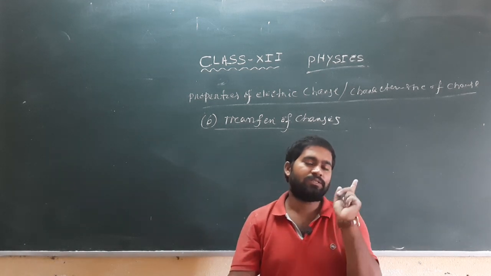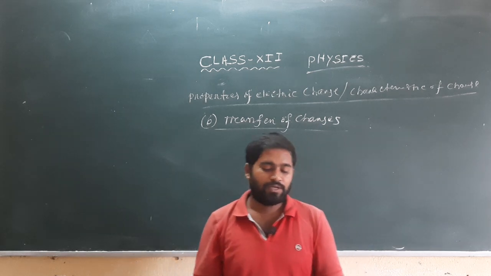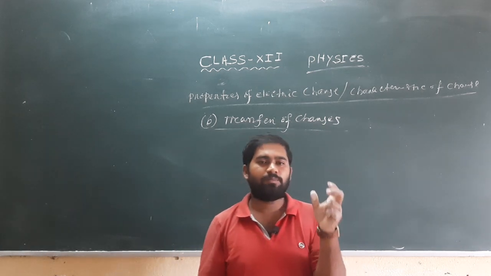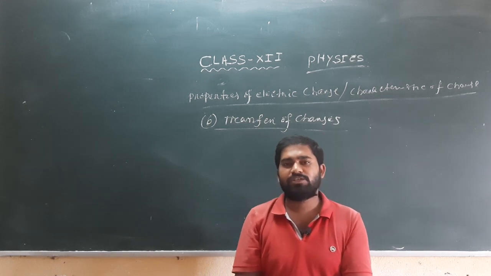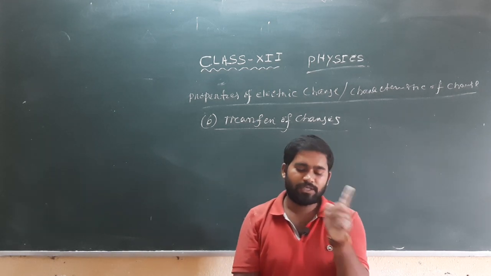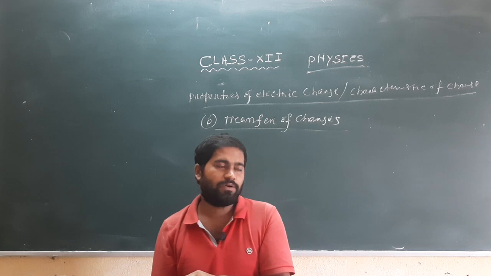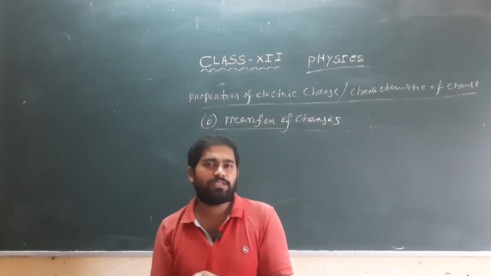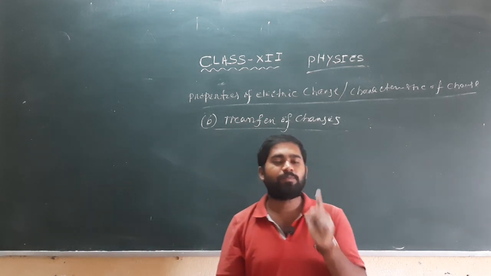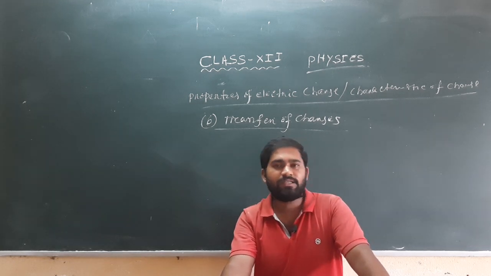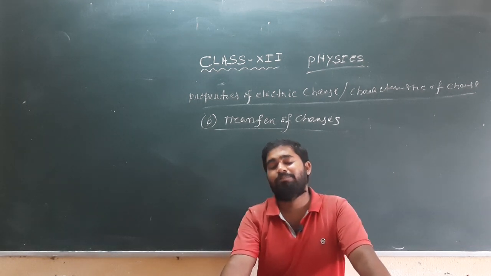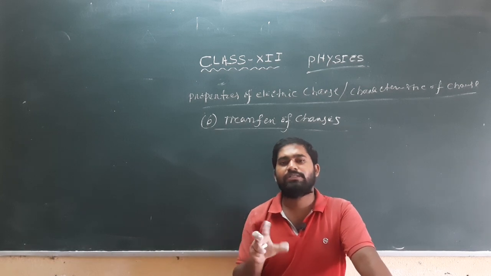As we see in the conduction method, when two different bodies are connected to each other, charge flows from one body to another body. The flow of charge always depends upon the degree of electrification. Degree of electrification means the amount of charge present in a body.